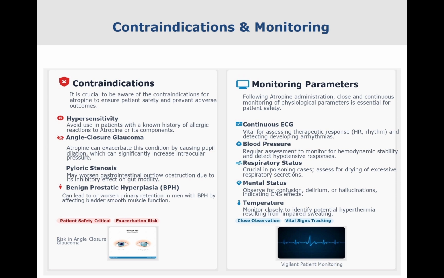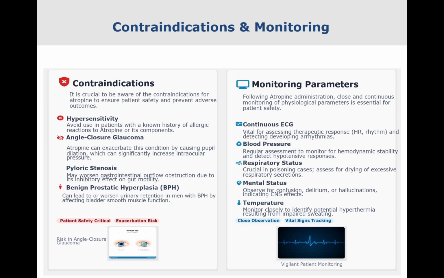Due to its profound effects, meticulous monitoring is essential for patients receiving atropine. This includes continuous electrocardiographic monitoring to track heart rate and rhythm, vigilant blood pressure assessment, and close observation of respiratory status, especially in poisoning cases where the primary goal is to dry pulmonary secretions.